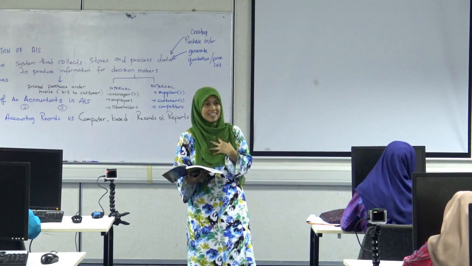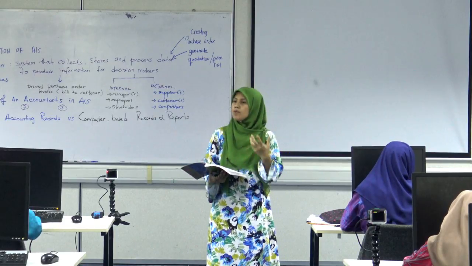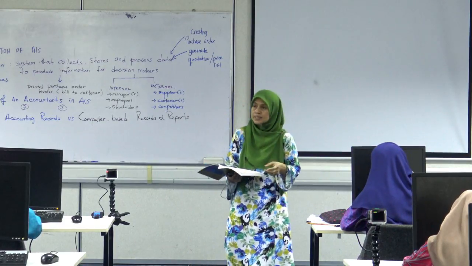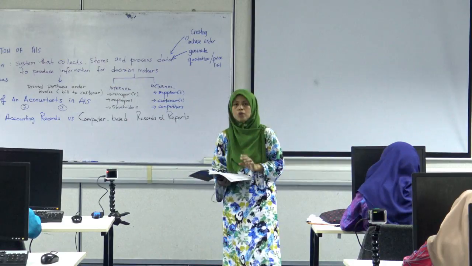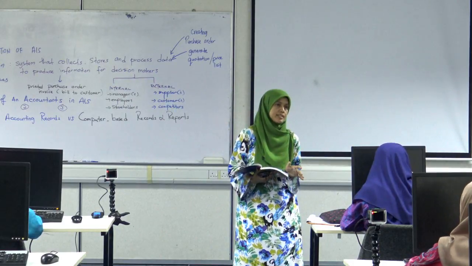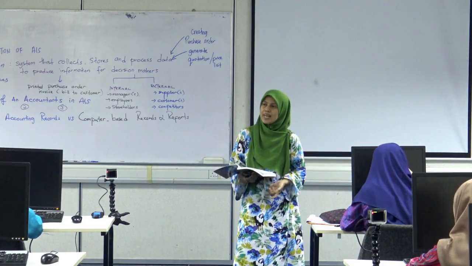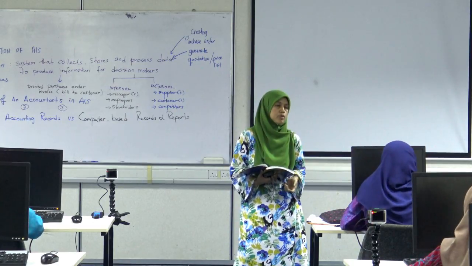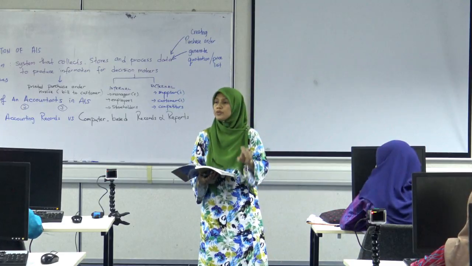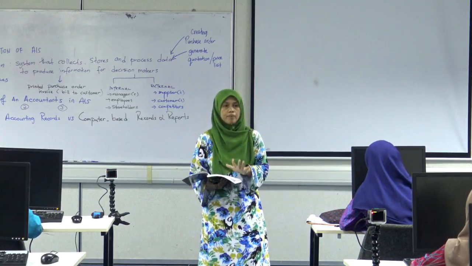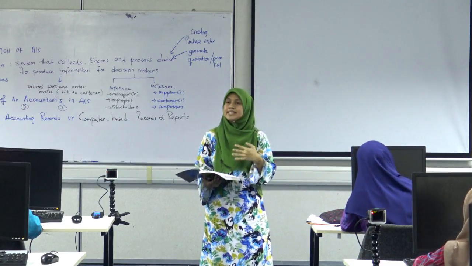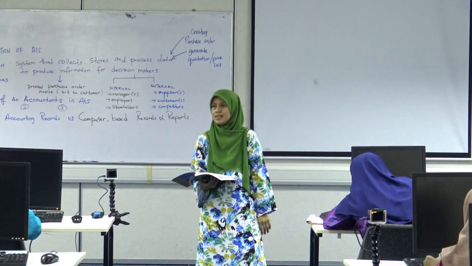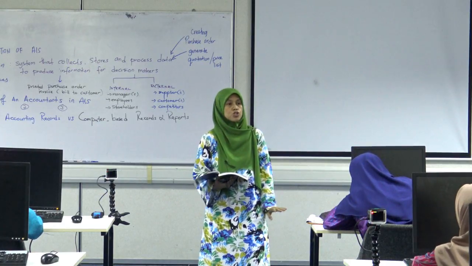It's us in the company. So the information available to us will be used by our internal decision makers. Okay, such as if let's say you place an order for goods to be sold, you need to have information on when the second order should be placed, so that you won't face stock out.